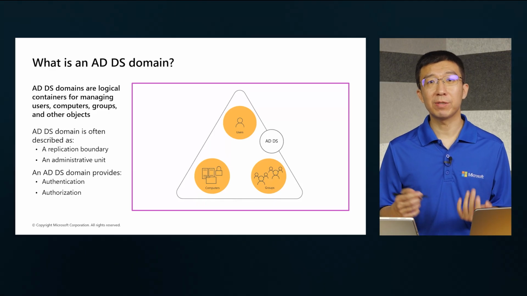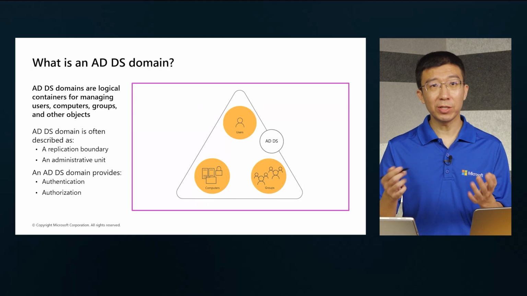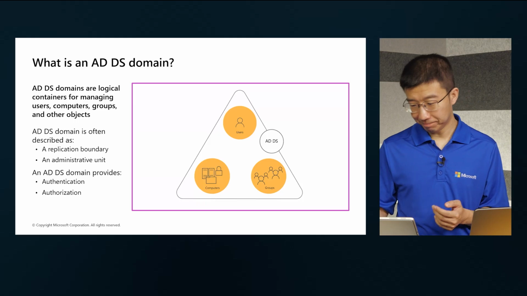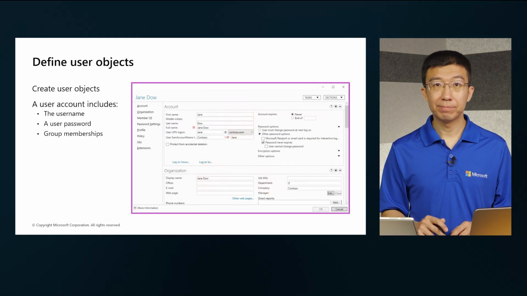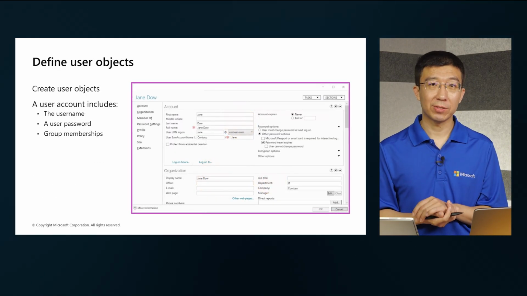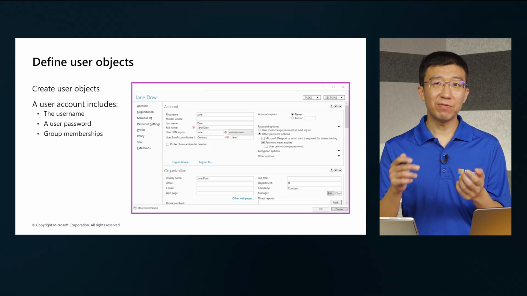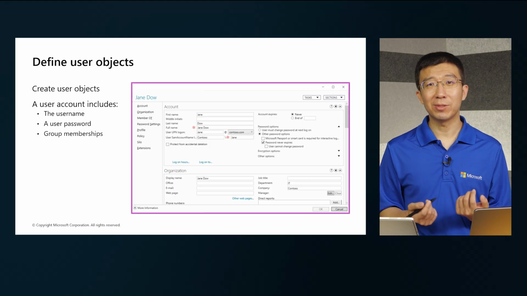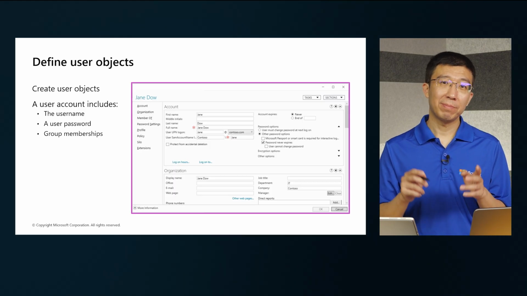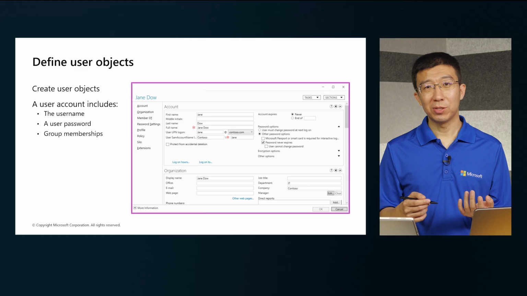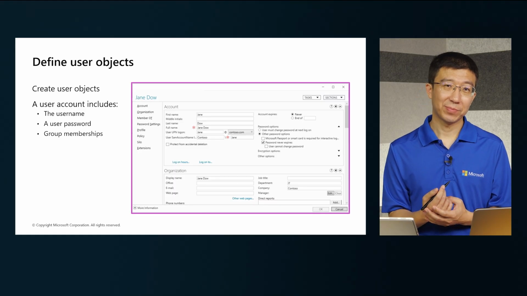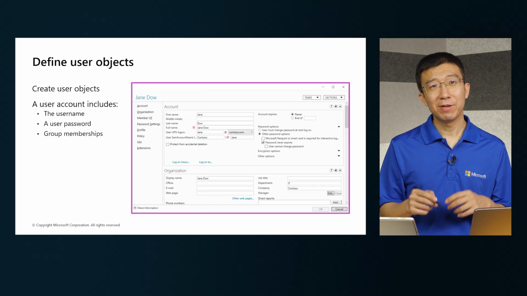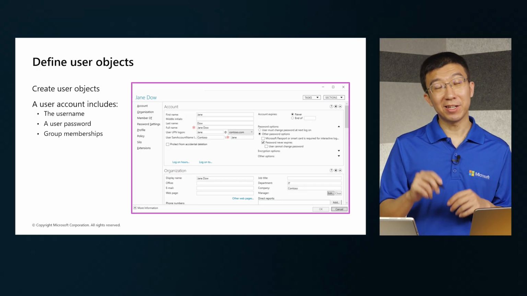There are different types of trust relationships between domains, which we will cover in detail later. User objects represent individual people in your organization. Each user account includes a username, password, and group memberships. Creating and managing user objects is a fundamental task for any administrator.